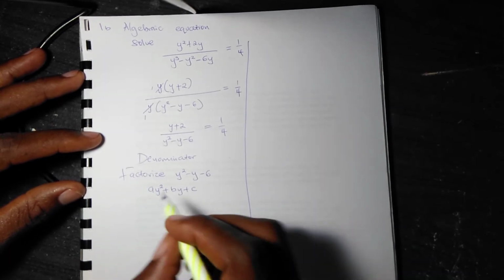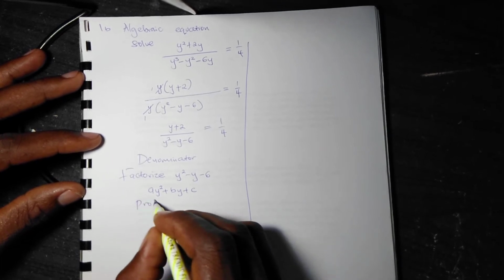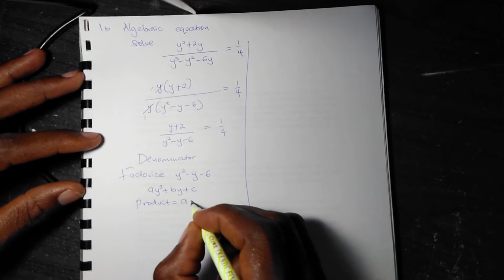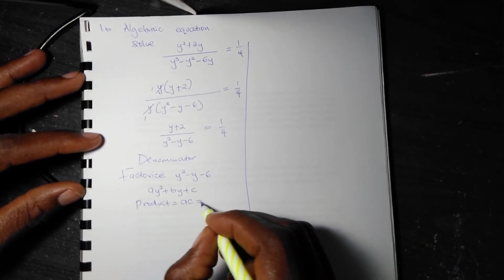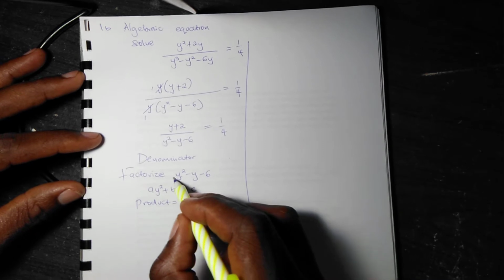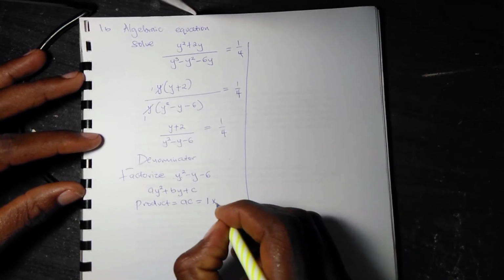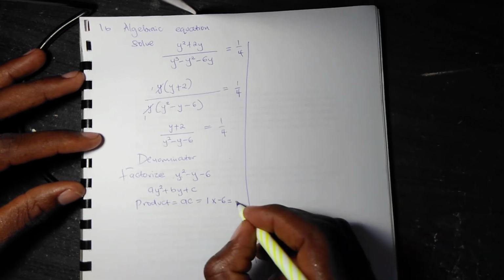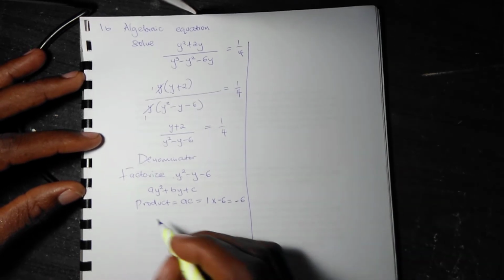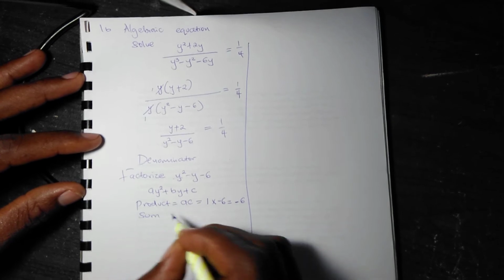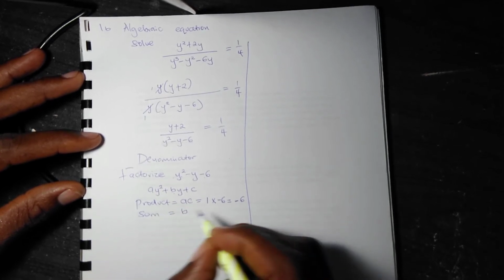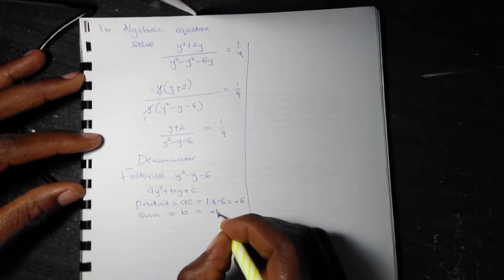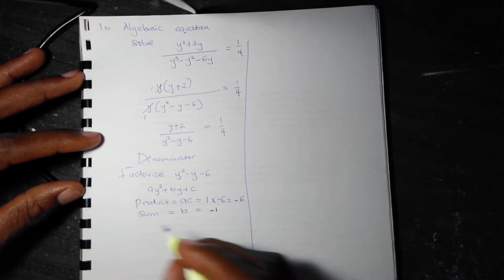For that particular case, our product is a times c, which is 1 times negative 6, leaving us with negative 6, and the sum is b, the center term, which is negative 1.